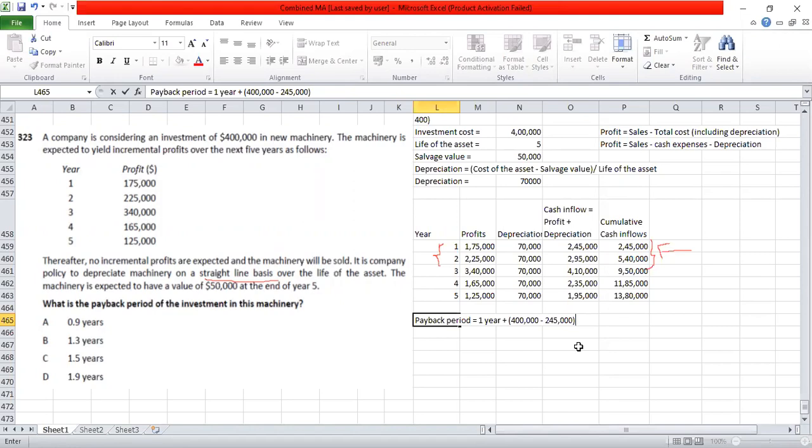We want to see the next year it is 295. Out of 295, we are only bothered about 155.